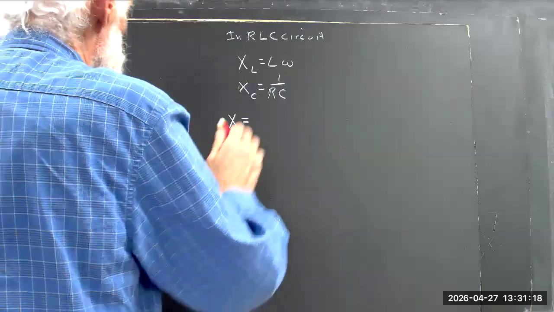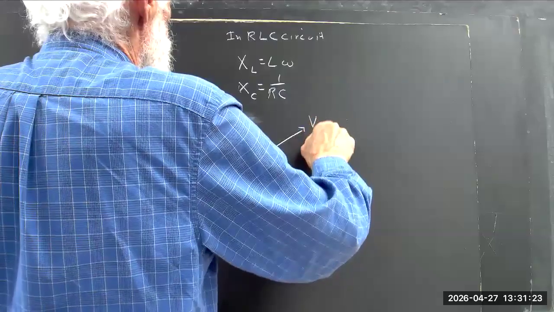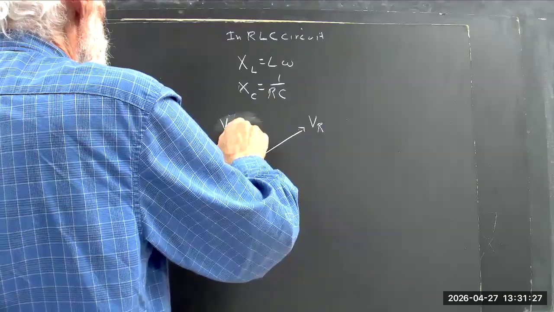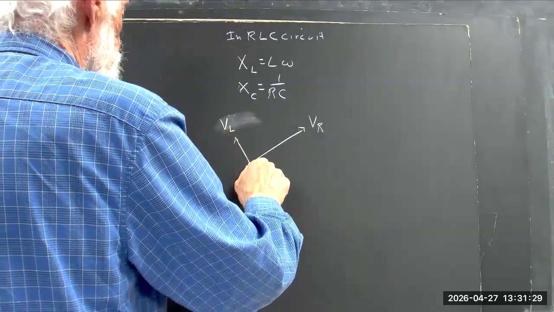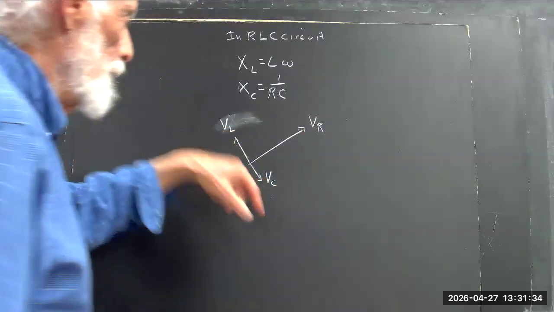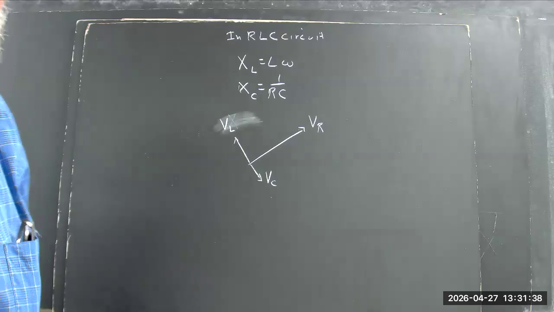Your total, well, I guess I better do a picture. If this is voltage across the resistor, and this is voltage across the inductor, the voltage across the capacitor is down here. Now, why is that?